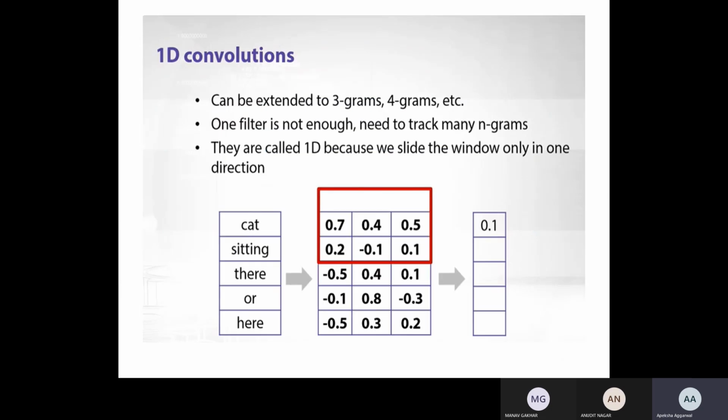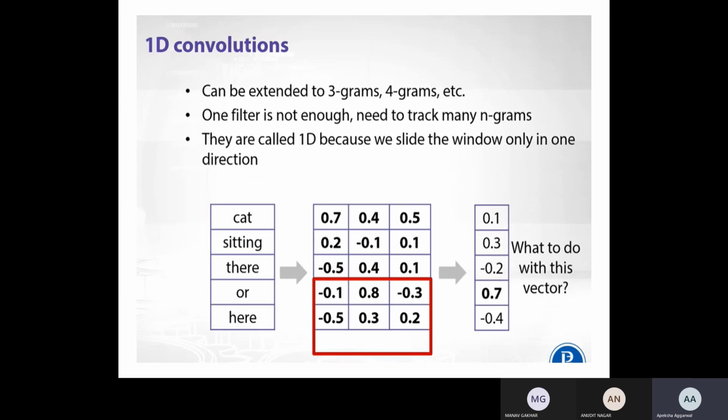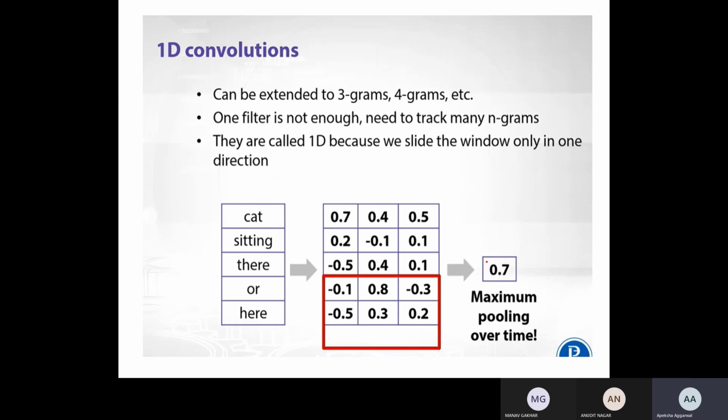They are showing this as an example. They generate outputs, out of which they select the max value, max pooling, and this 1D can be extended to 3 grams, 4 grams, and so on. So that's it for today. Any doubts up till here in 1D CNN?